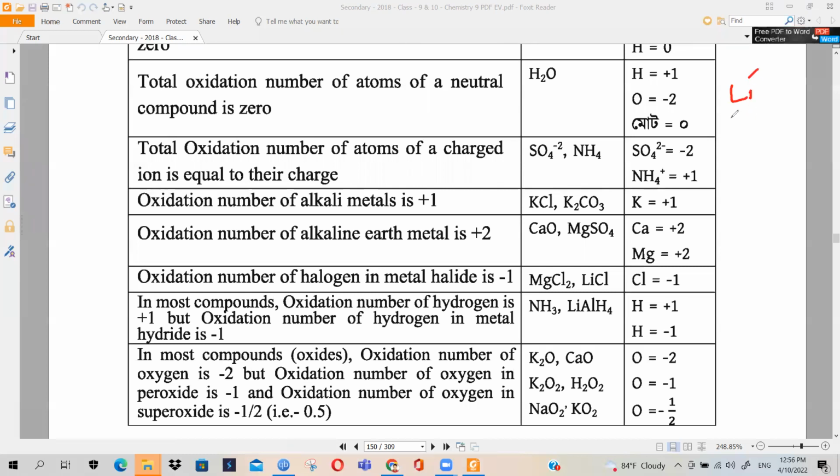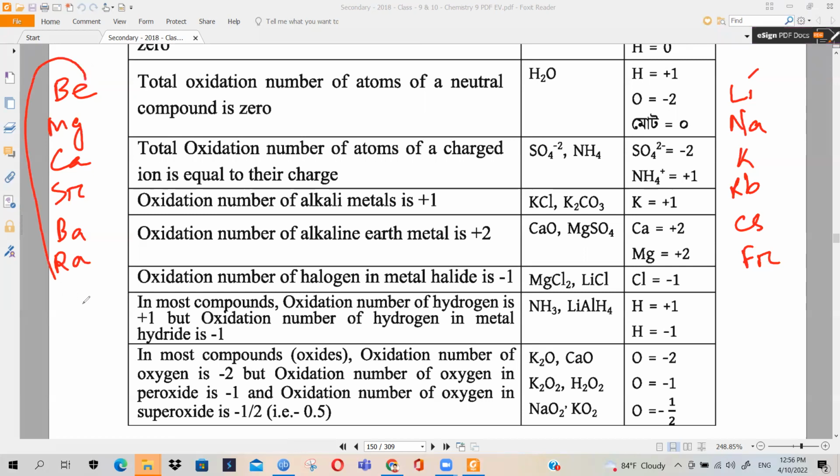So this is... and alkaline earth metals are... Okay, so these are the alkaline earth metals, and these are the alkali metals.